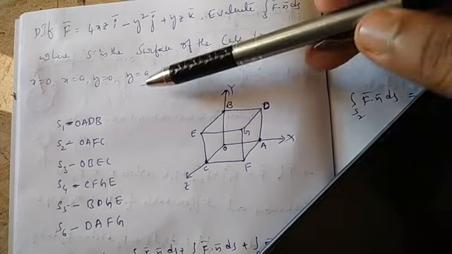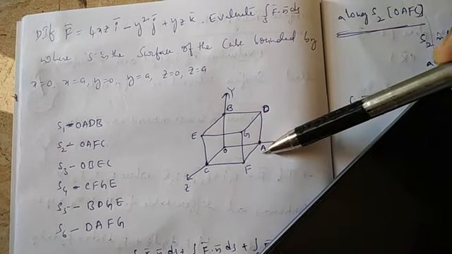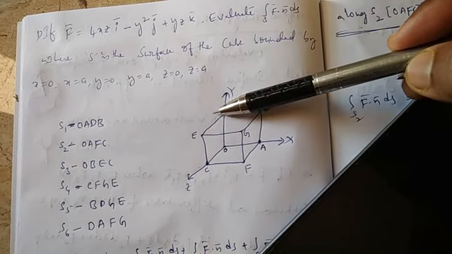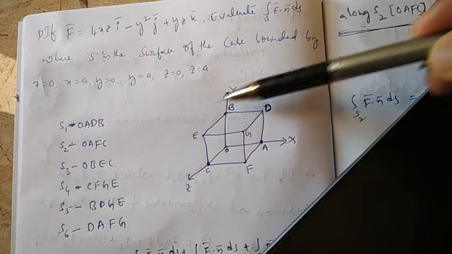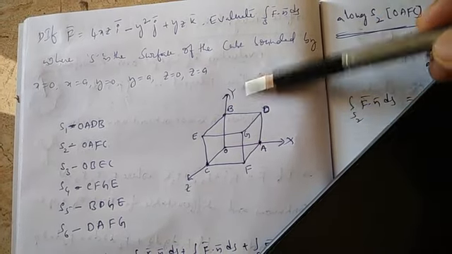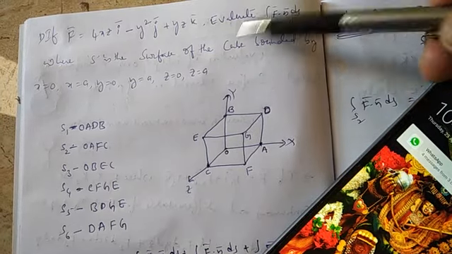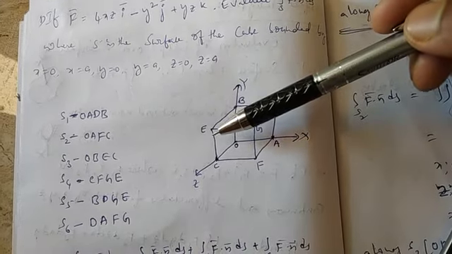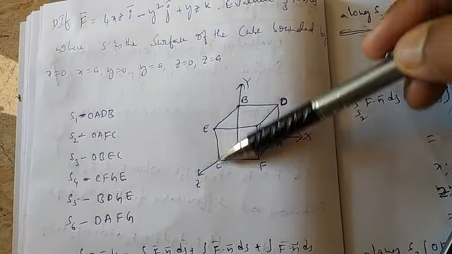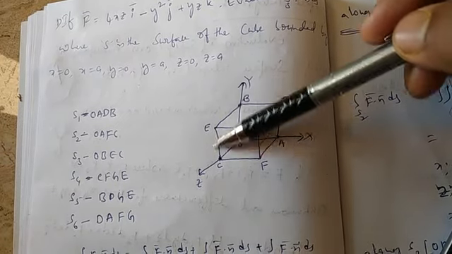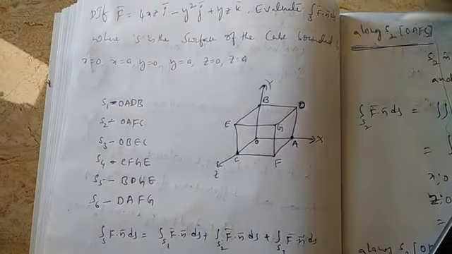Next, y equals 0 is the zx plane, and y equals a is this top, B D G E. Then z equals 0 is the xy plane, and z equals a is this plane, E G F C. This is the cube we have from these surfaces.